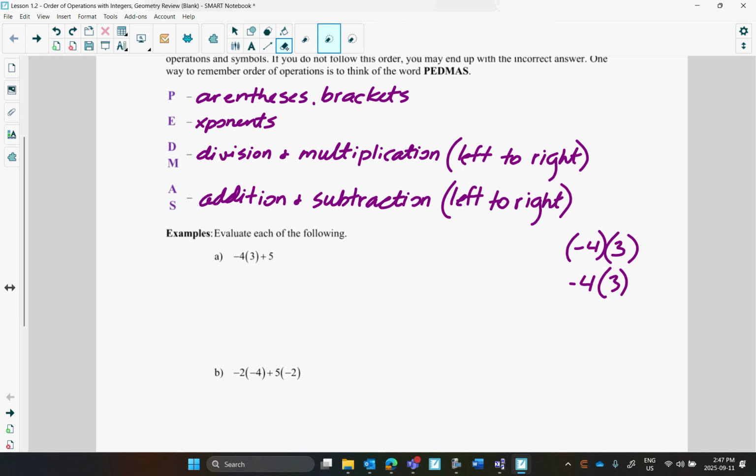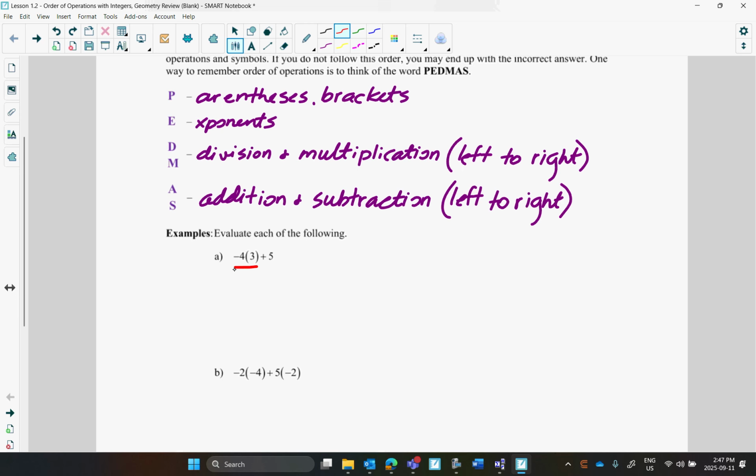So when we tackle these questions, well, yes, I've got parentheses, but there's nothing being done inside them, is there? There's no operation, so I don't have to worry about this. Like I said, exponents we're not going to worry about. Multiplication and division come next.